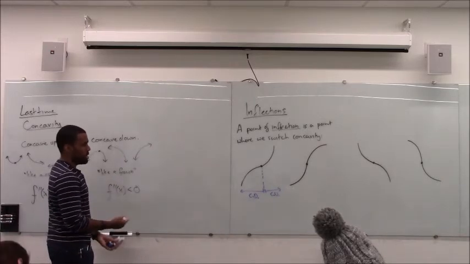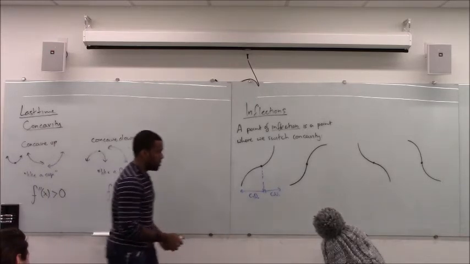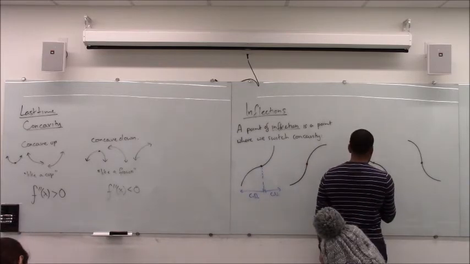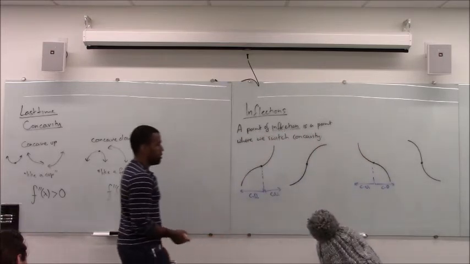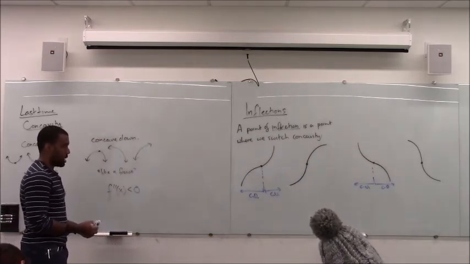And either direction is going to be fine. So whether you switch from concave up to concave down, or concave down to concave up, these are called points of inflection where that happens.